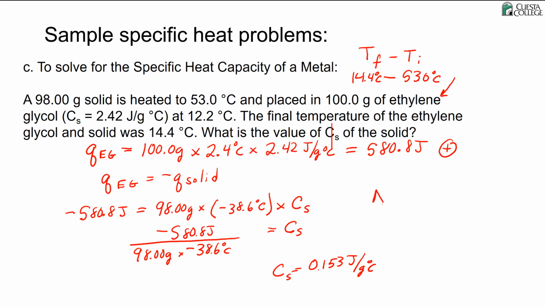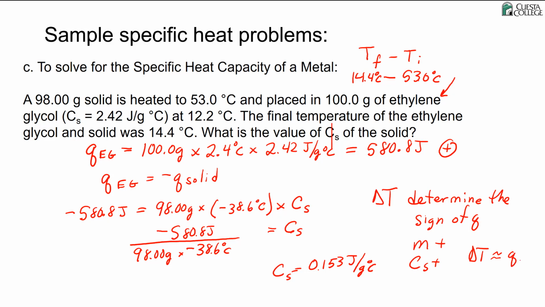Keep in mind that the delta T value is going to determine the sign of Q, because mass is always positive, C S is always positive, so delta T is what relates to Q in terms of being positive or negative.